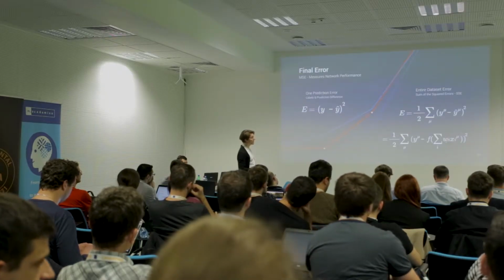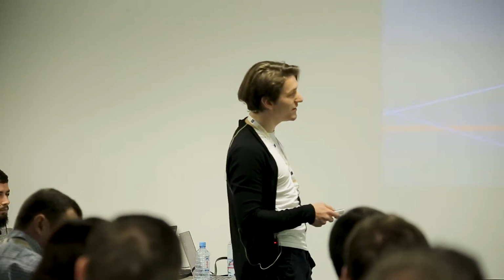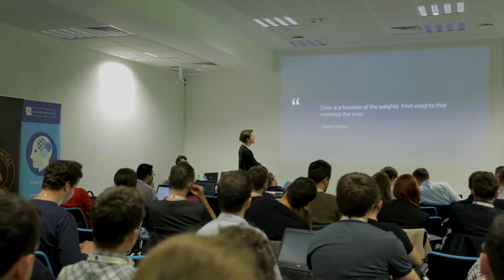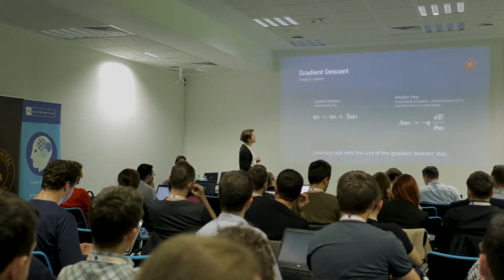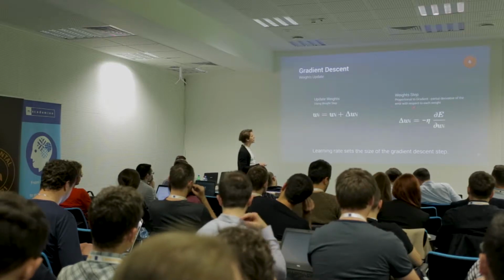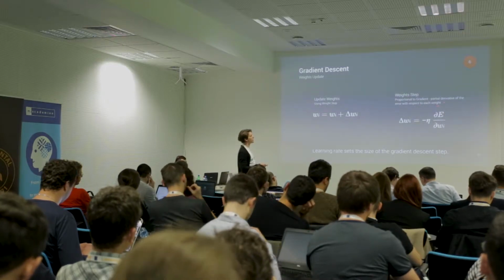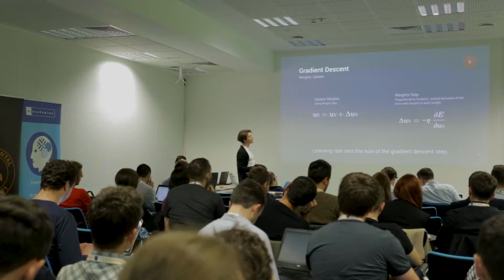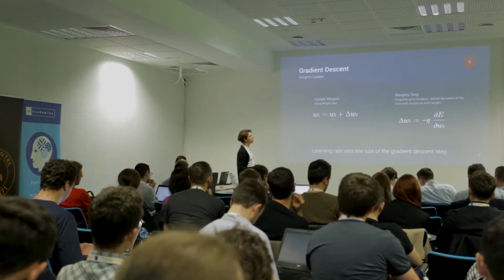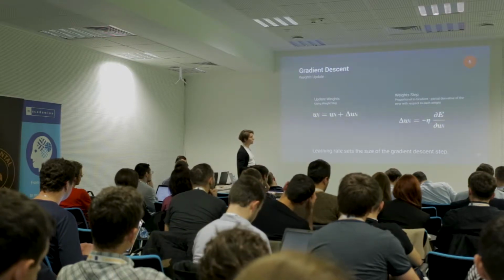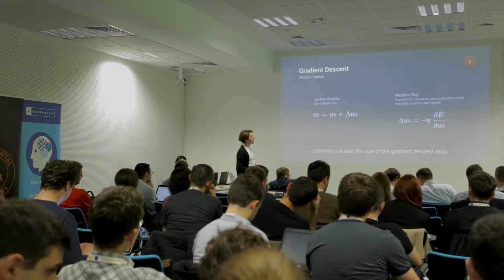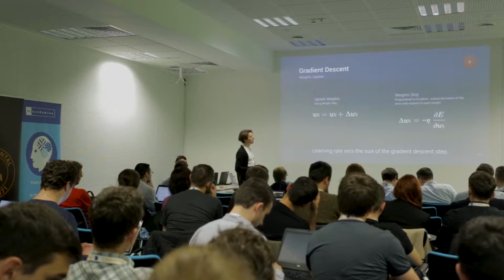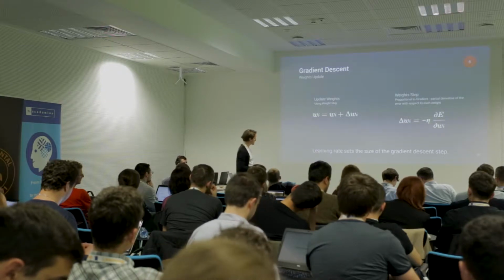This is the only part that we get in, and given that the weights are the only ones that can be tuned, it's going to be proportional with respect to each weight. This is the formula that you use. You just have the partial derivative of the error function, the sum of the squared errors that we showed before, with respect to each weight.